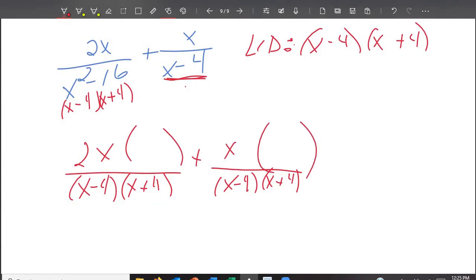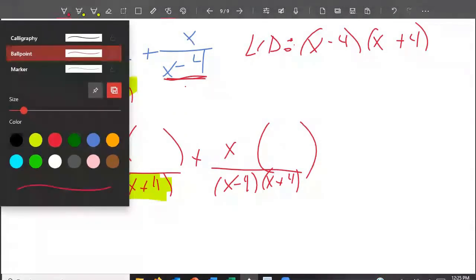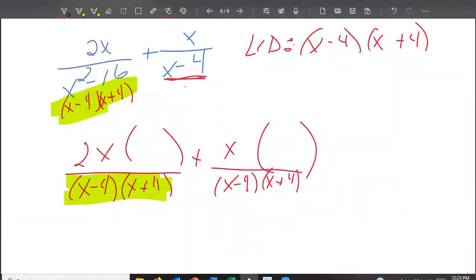Now, let's figure out what we got to multiply the top by. I'm going to highlight. This was the original. I don't see anything extra in the bottom. So really, we're just multiplying by 1. Over here, x minus 4 was the original.